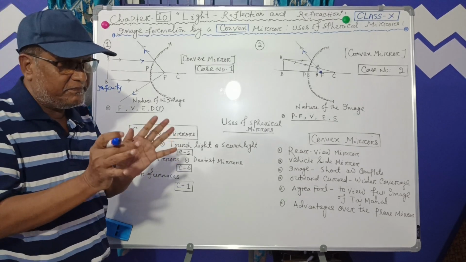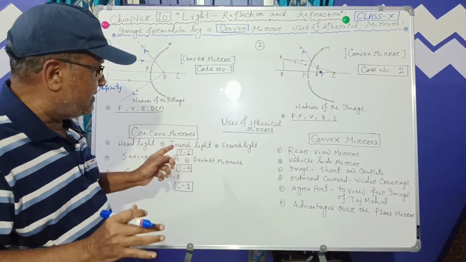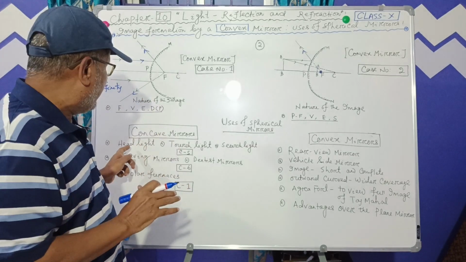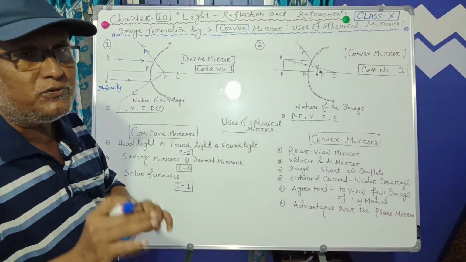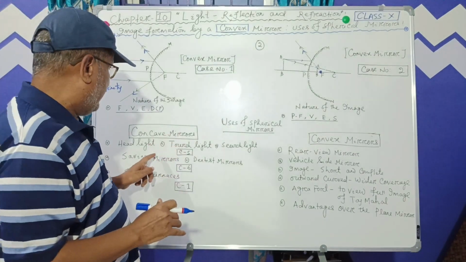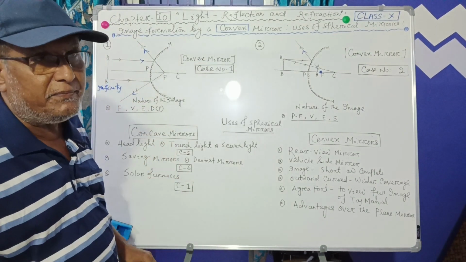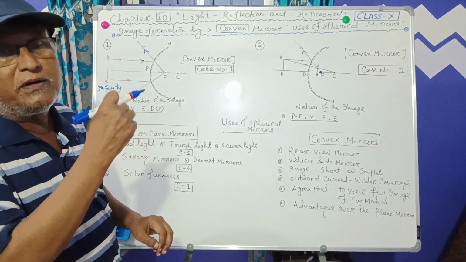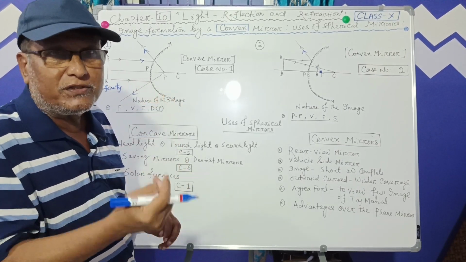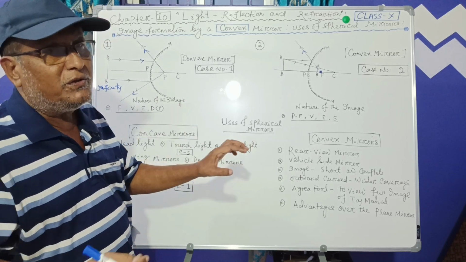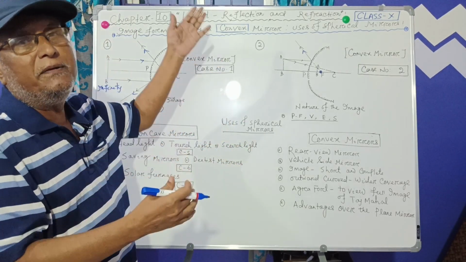In a vehicle headlight, not the bulb, the vehicle headlight, a concave mirror is used. Why? This is case number 5. You recall, when the object is at focus, the image will be formed at infinity.